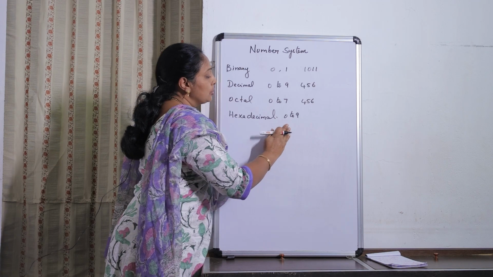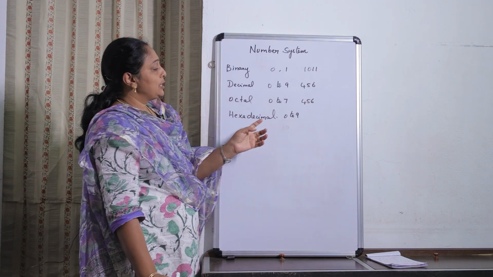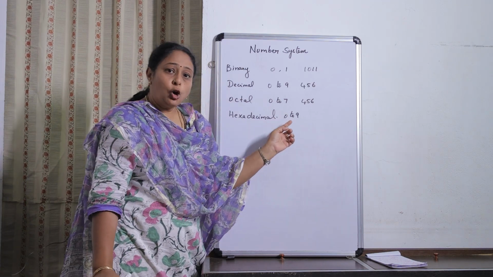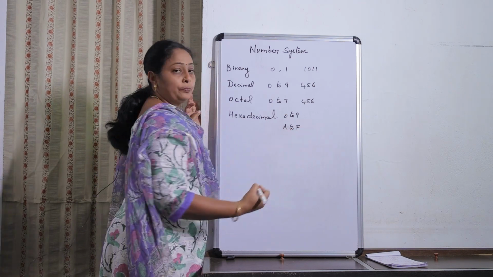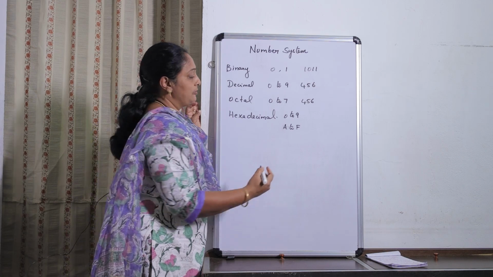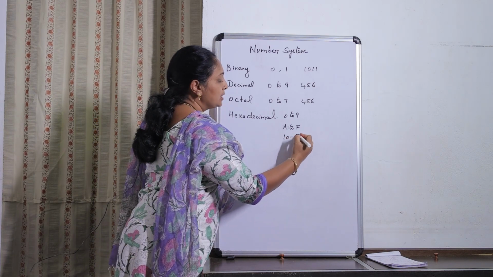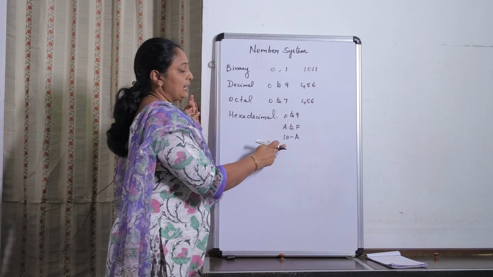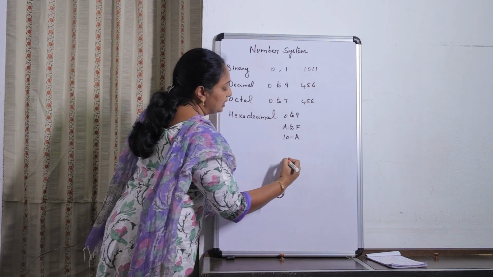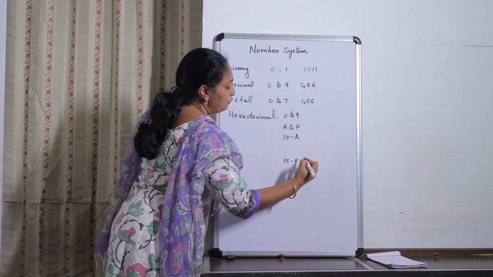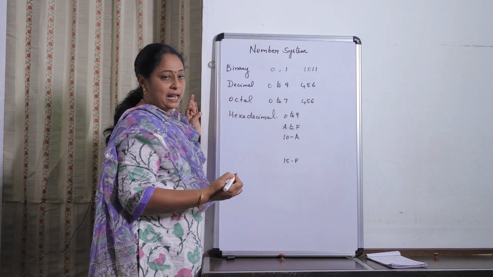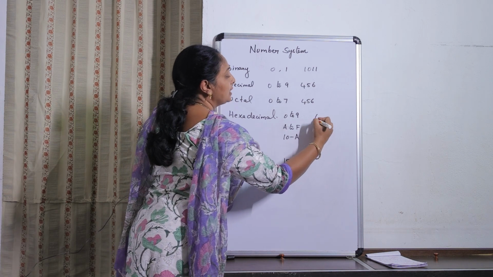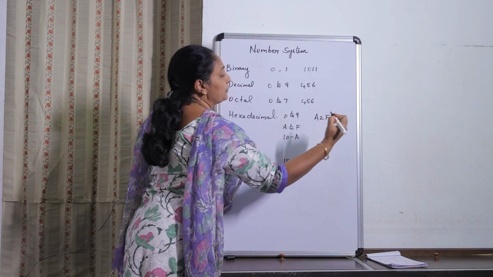So, to write hexadecimal numbers, we are using digits 0 to 9, along with alphabets A to F, capital A to capital F. So, instead of 10, you will use the alphabet A. Similarly, for 11, it is B. For 15, it will be F. So, likewise, we will use 16 digits to frame one hexadecimal number, like A to F.